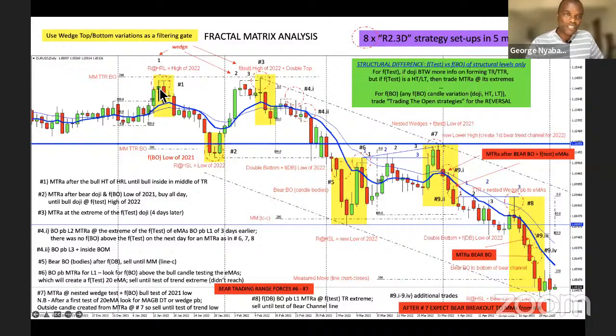So I'm here with this candle. I'm now going into my 5-minute time frame to see if I can find, right from the beginning, an attempt from that first candle to break out above this and a reversal, because at that point, that's now the high of 2022. If I see a reversal, that's MTRA, major trend reversal alert after this, then I'm going to take that trade.